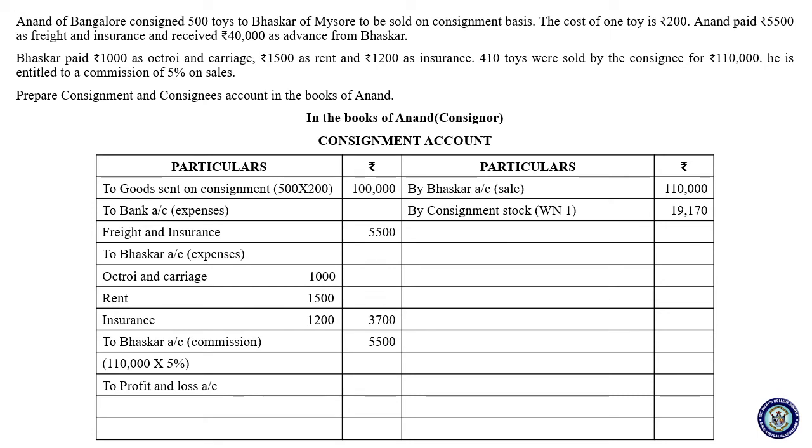So the total is 1,29,170. Now you find the difference.